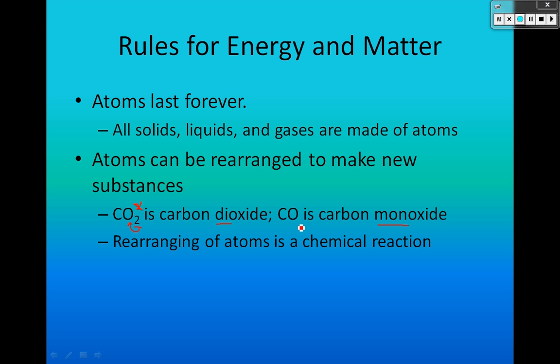So as we rearrange atoms, we make completely new substances. And both of these, carbon dioxide and carbon monoxide, are gases at room temperature. But carbon dioxide is produced really naturally in our atmosphere. Carbon monoxide is one of the byproducts of gasoline exhaust. And it's incredibly deadly.